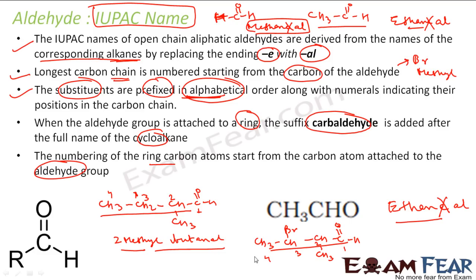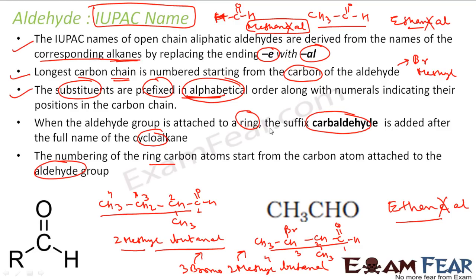A, B comes first. So I'll first write 3-bromo, and then 2-methyl, and then it is the same thing, butanal. So the naming is not based on this number 2 or 3. The naming is based on these methyl group and bromo group, and this is all alphabetical order. This part is also done.